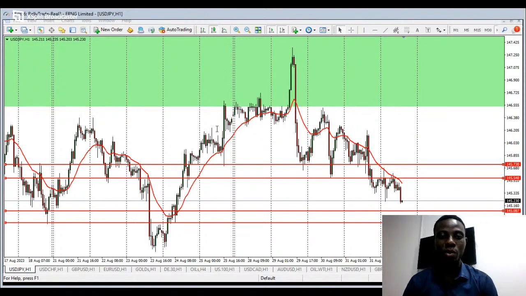Let's quickly change my instant execution to pending order. Basically, I'm expecting mixed news, but all the same, let's see how it goes. So for USDJPY, let's check buy stop.